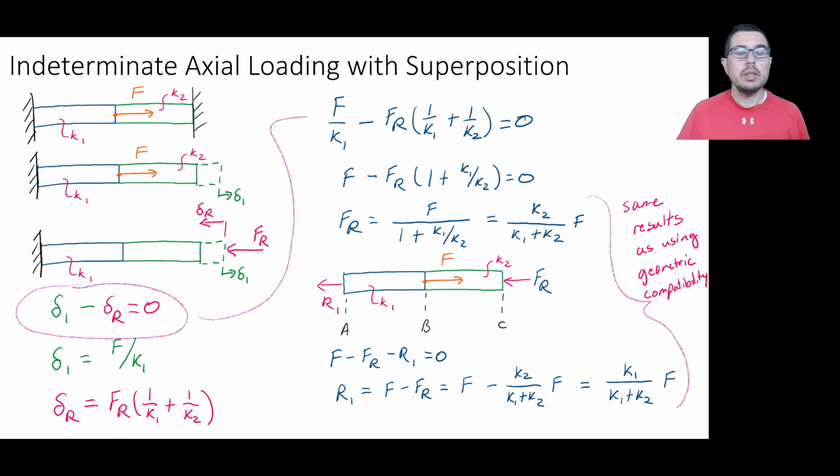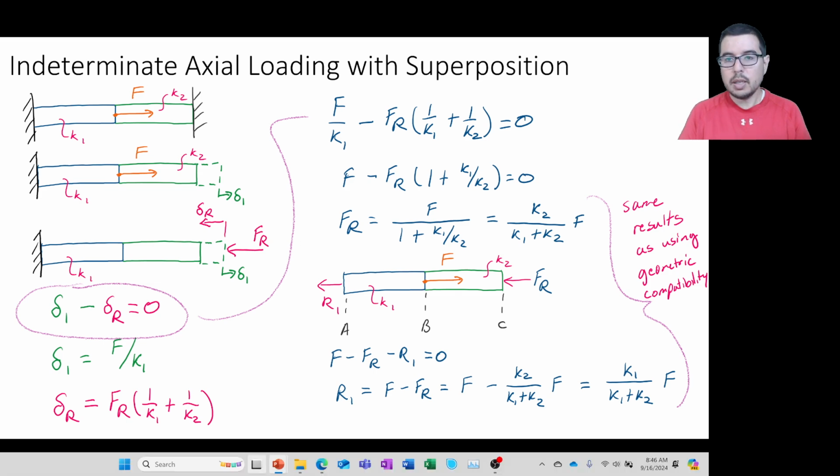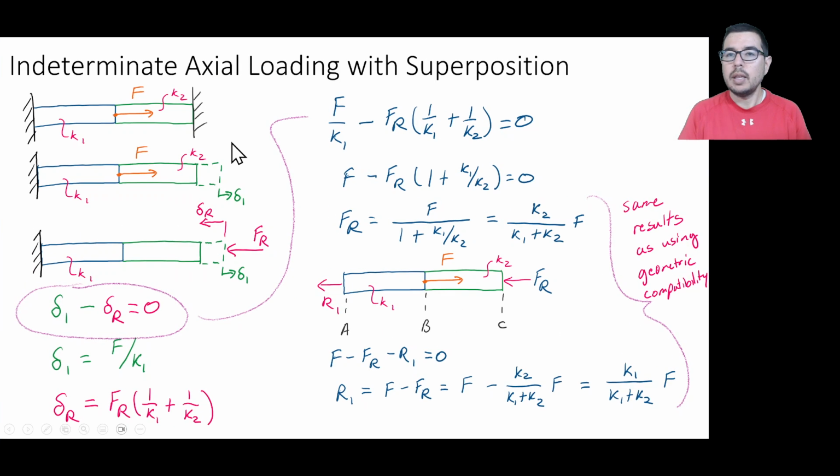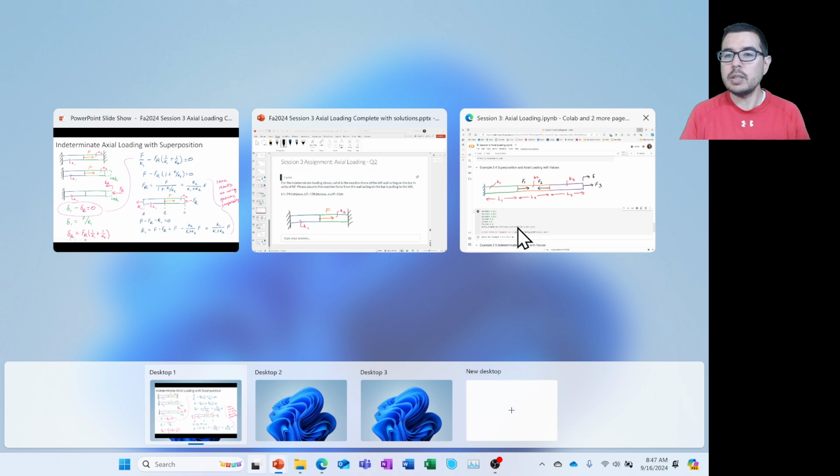And if we want, we can also use Colab to solve this problem with numeric values. And once again, we can see we have a Colab already prepared for us.